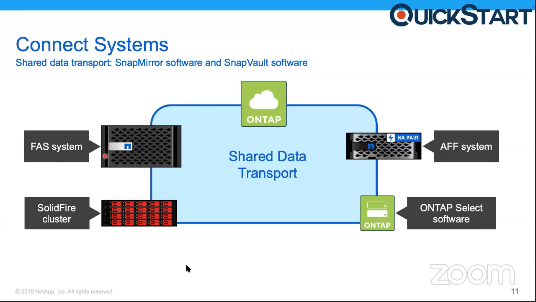So you have your AFF system on-prem, and it's pretty expensive, right? Those SSDs are giving you top peak performance, but eventually you don't want to keep those volumes sitting on expensive storage all the time. So what you can do is establish a SnapMirror replication to a cloud instance, and you can keep it there forever.